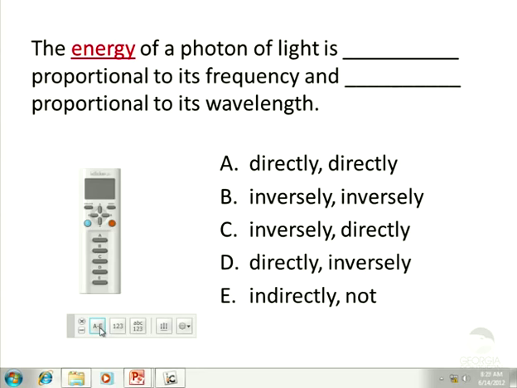And so frequency equals the speed of light divided by the wavelength. So we can just do this substitution and look at this equation two ways. So we could say energy is directly proportional to frequency, but inversely proportional to wavelength.